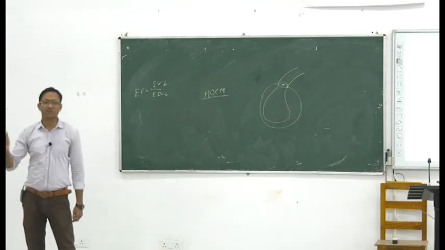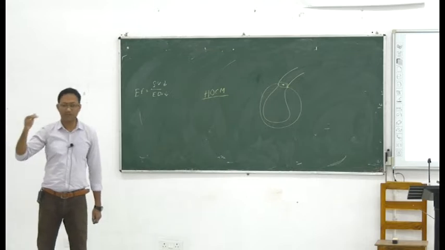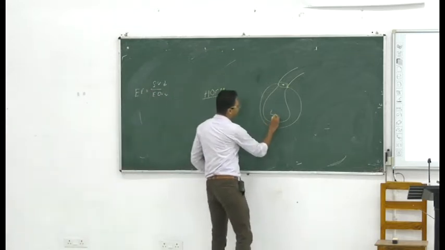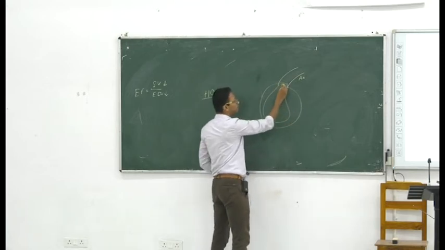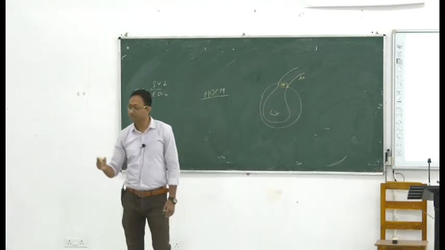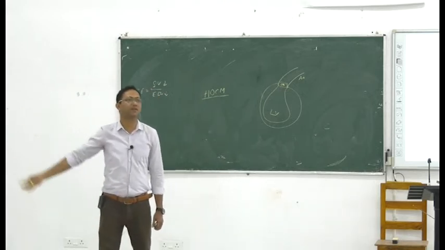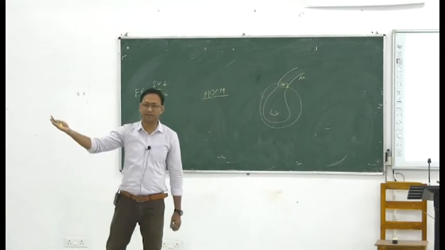If there is stenosis at the level of the aortic valve aperture, okay, so this is your LV, this is aorta, and LV is contracted, but this aperture is small. So we call it aortic stenosis. So in case of aortic stenosis, it is just similar to an increase in peripheral resistance.